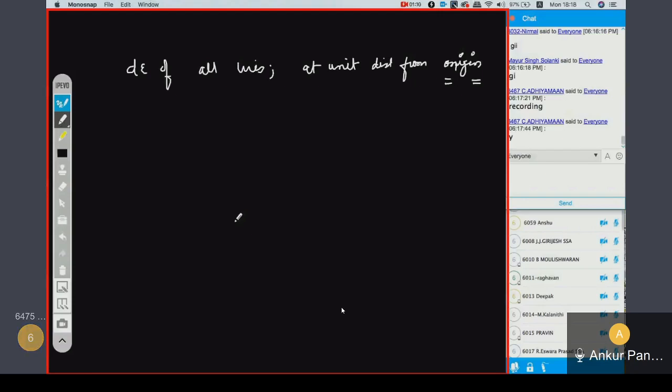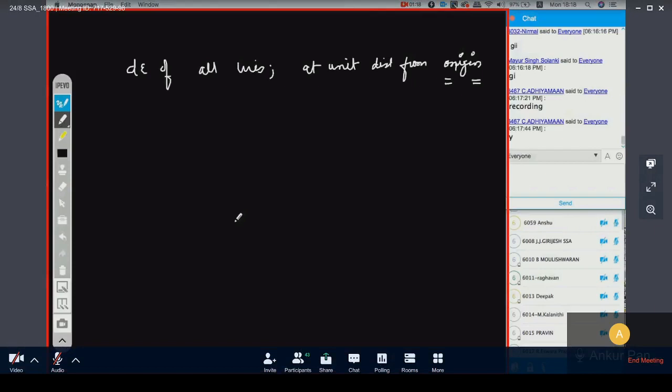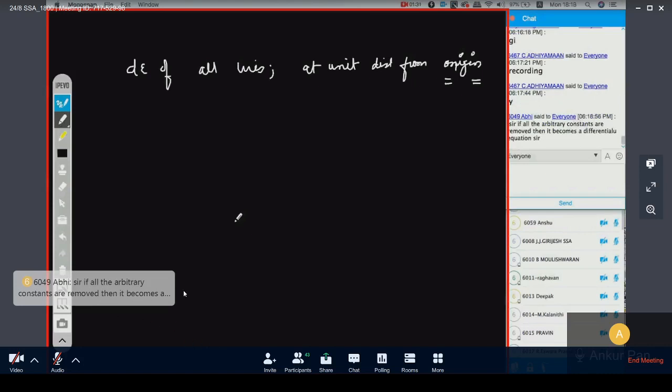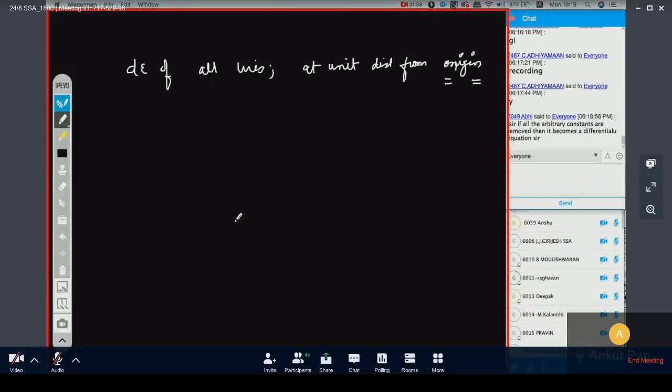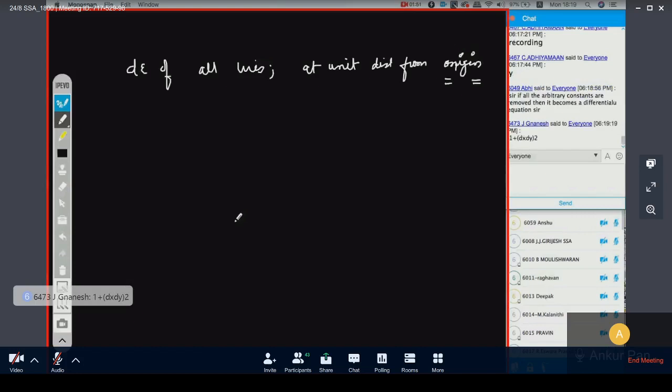Quickly. Sir, if all the arbitrary constants are removed, then it becomes a differential equation, sir.